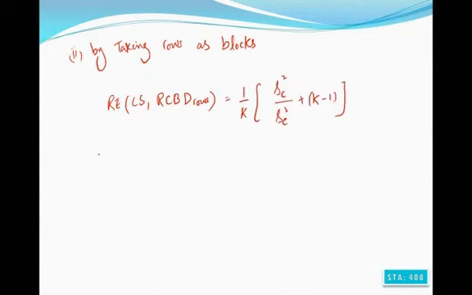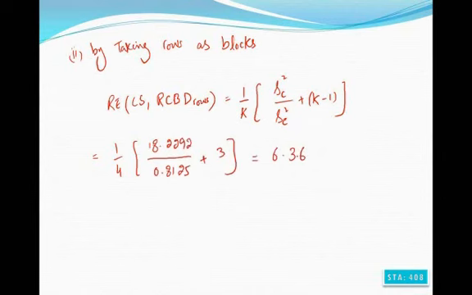By putting the values, we get 1 over 4, SC square is 18.2292, SE square is 0.8125, plus 3. The answer is 6.36.